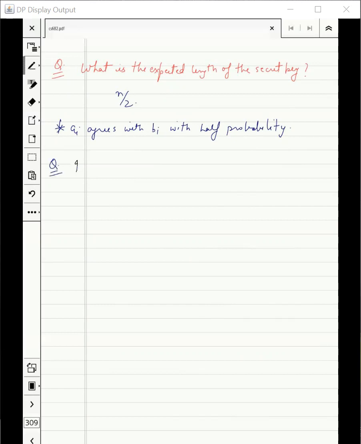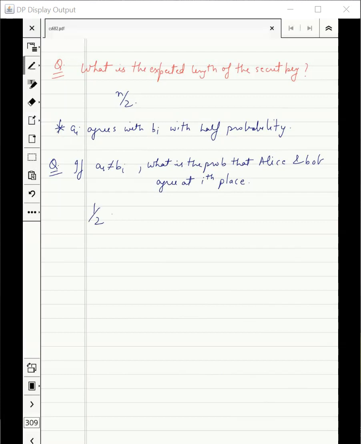If AI is not equal to BI, what is the probability that Alice and Bob agree at that index? That is also half. Irrespective of whatever basis they had chosen, since their bases are different, that is why we chose plus, minus, and 0, 1.